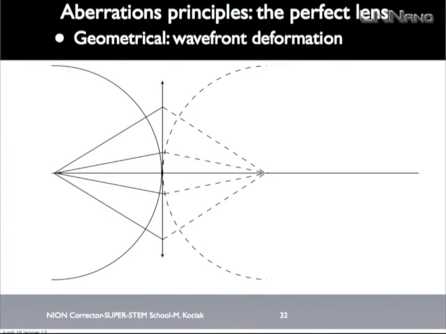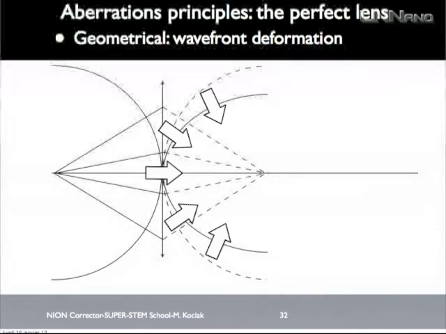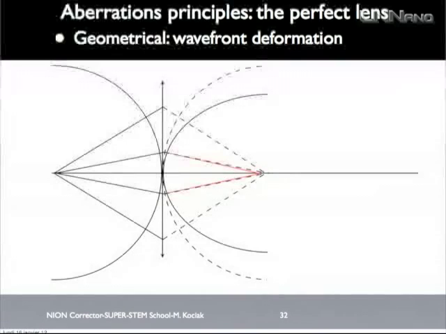Of course, this is not the case, and lenses have imperfections, and this imperfection can be seen as a distortion of the wavefront here. So it's not a sphere anymore, it's something else. And the ray paths, which are still perpendicular to this wavefront, at small angle it's almost the same, but at large angle, the ray paths are pushed towards the center of the lens.